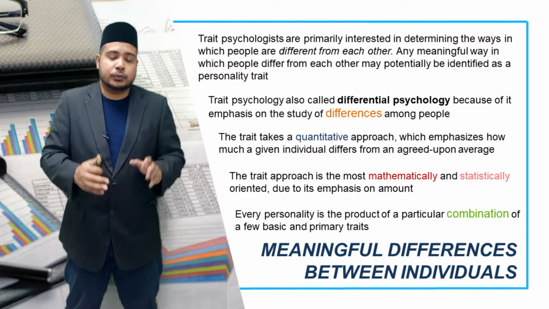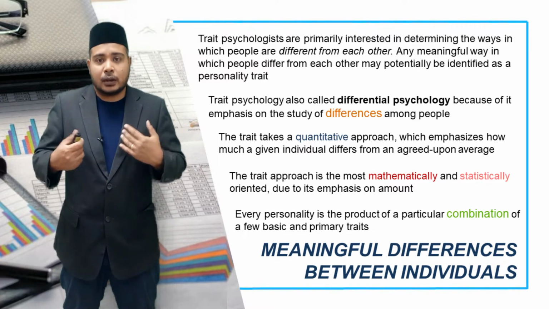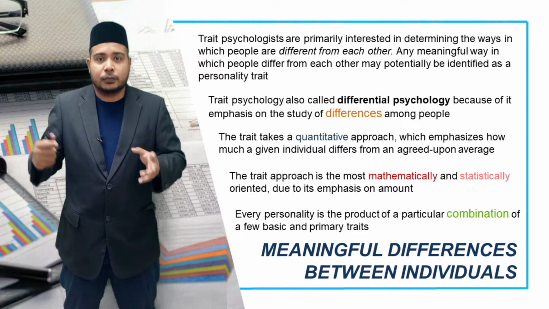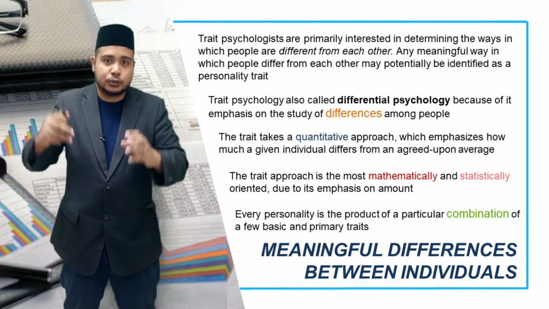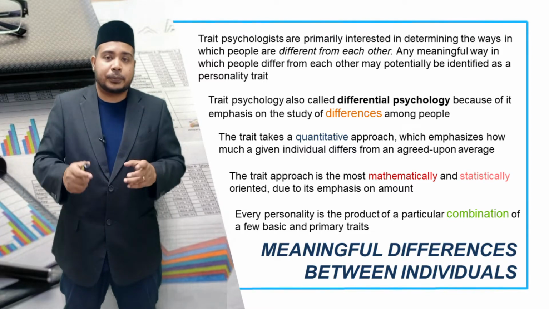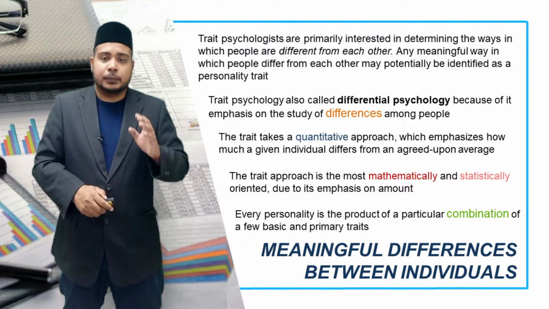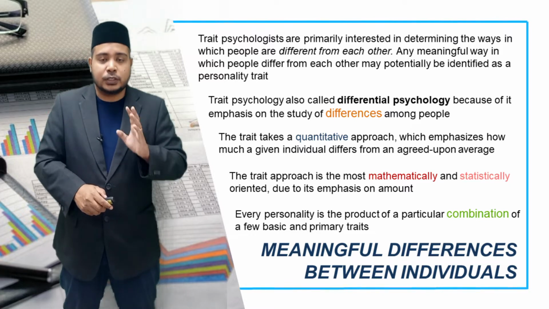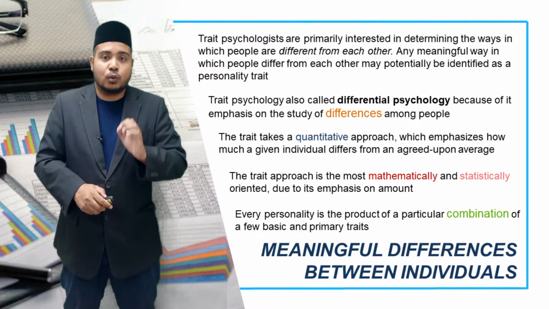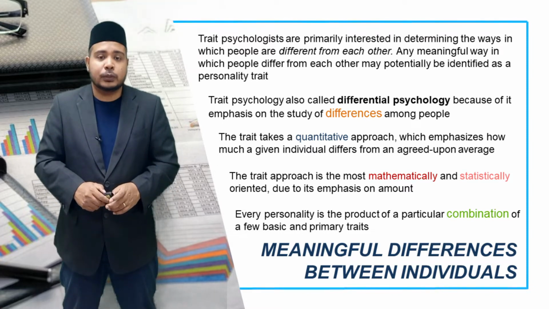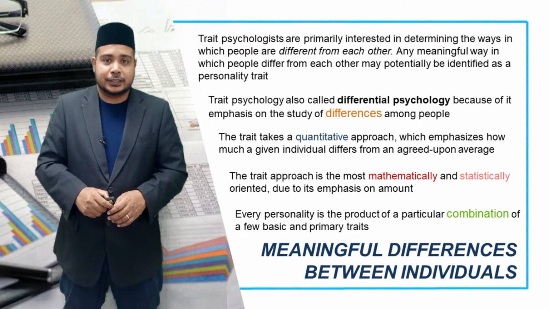So according to the personality trait perspective, our personality traits are the combination of a few basics or the super traits as well as the primary traits. Okay, in this perspective, personality psychologists mostly use a mathematical or quantitative approach to understand individual personality traits.